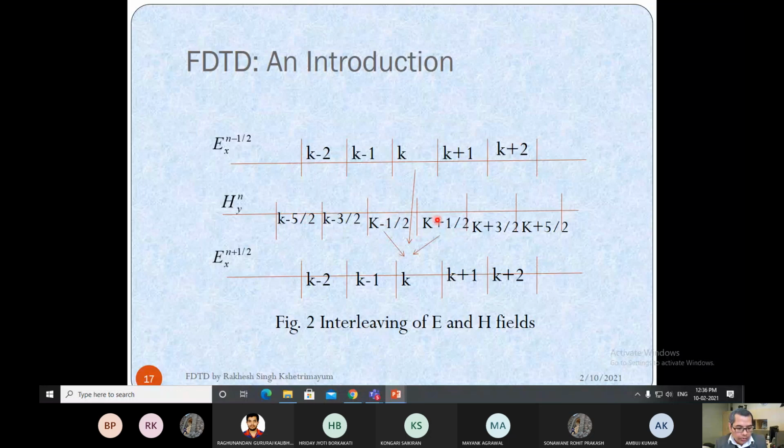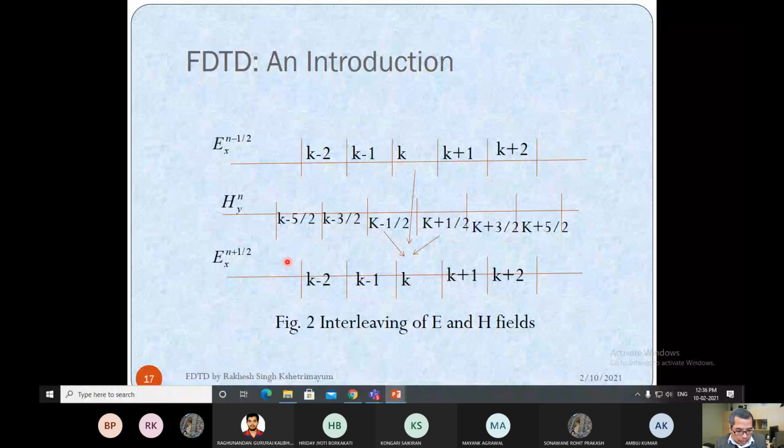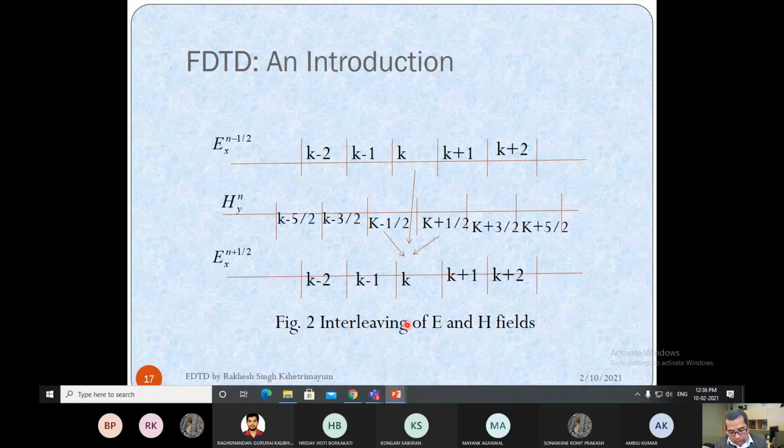So I need this value and this value to get this. Similarly, the next one will also need all these values. So you have to keep on calculating the electric field, updating it. At one particular time instant you find it, at the next particular time instant you find it, and so on.